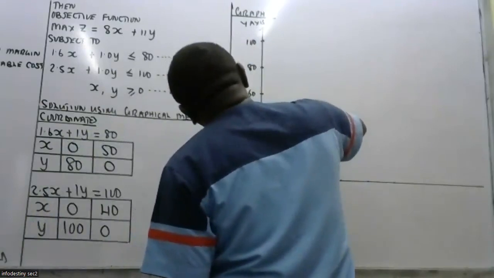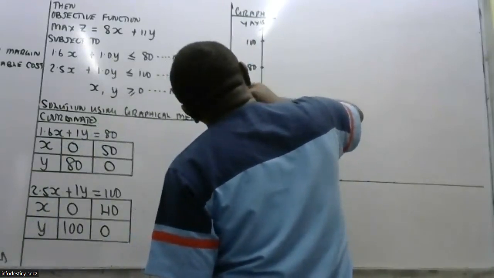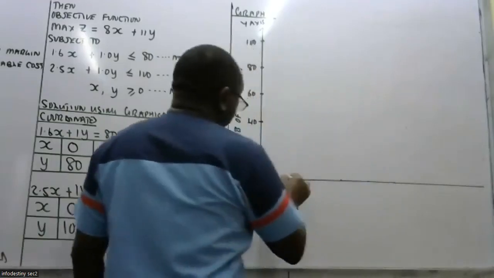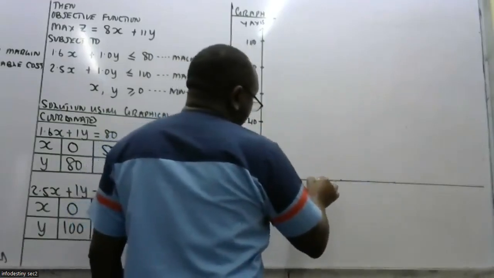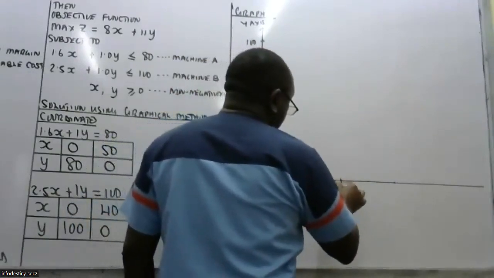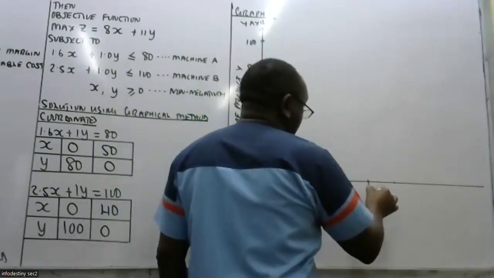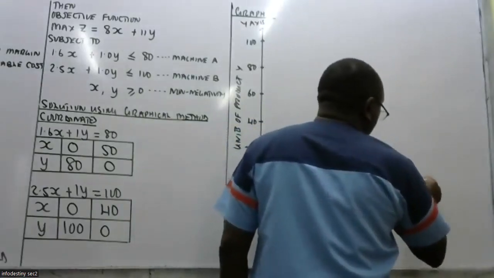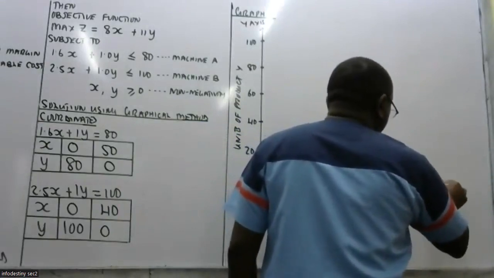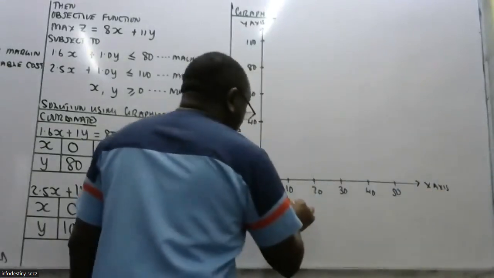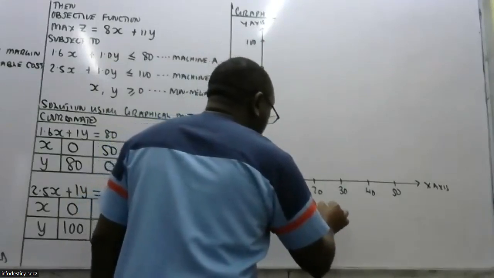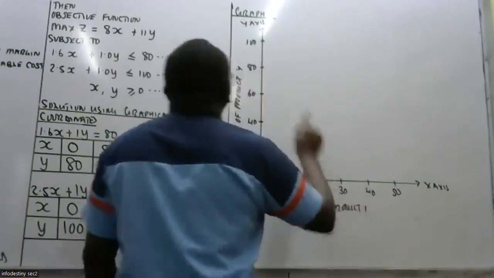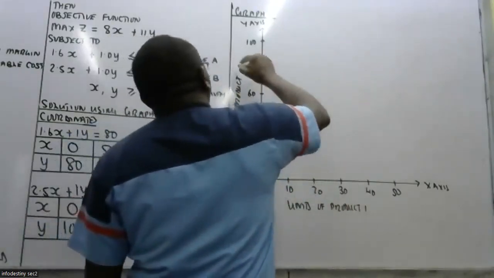These are units of product Y. Then on this one you can have 10, 20, 30, 40, 50. This is the x-axis. These are units of product 1. No, this one now I should have said product 2.